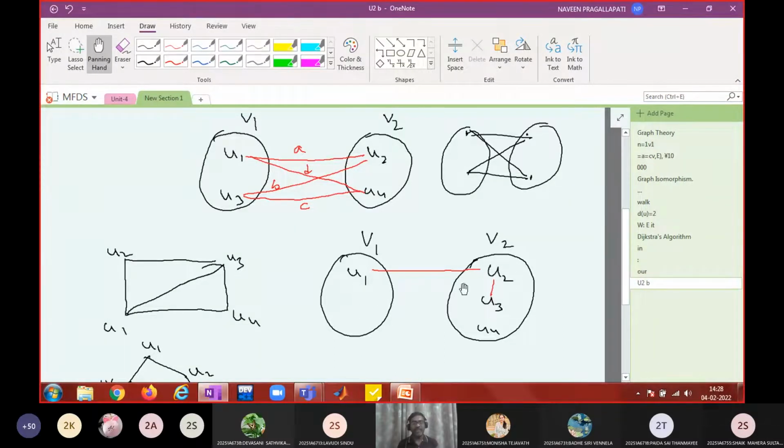As a result, you cannot make the partitions such that no two are adjacent. That is not possible. So what is the result? A graph is bipartite if and only if it does not contain any odd cycle. If there is a cycle present in the graph, it must be of even length; only then it will be bipartite, otherwise it will not be a bipartite graph.